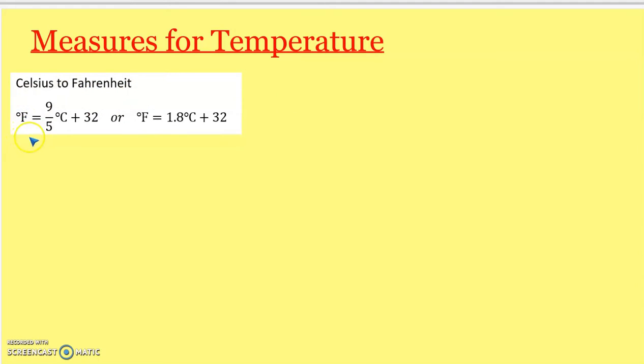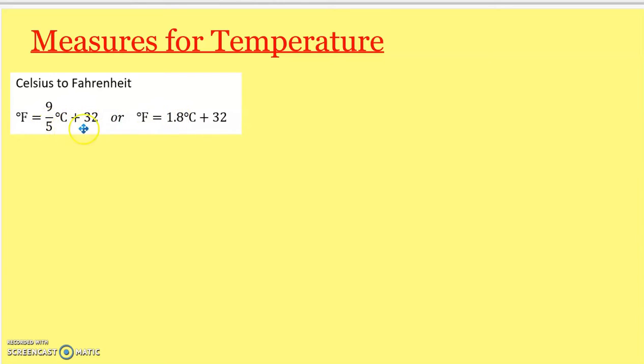We have degree Fahrenheit equals 9/5 degree Celsius plus 32, or degree Fahrenheit equals 1.8 degree Celsius plus 32. The truth is, some people know the formulas, they have memorized them, but they do not know how to use them. When we say 9/5 times degree Celsius, it means we do multiplication first before adding 32. The common mistake is adding 32 before multiplying by 9/5. That is wrong. We should multiply by 9/5, then add the product to 32.